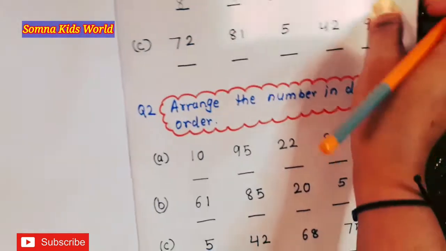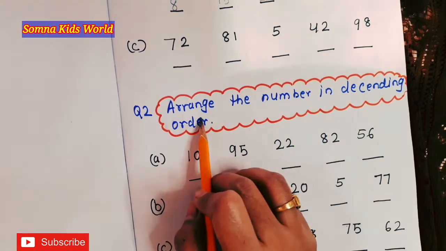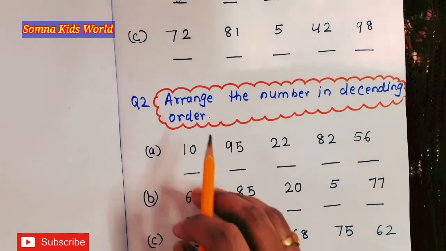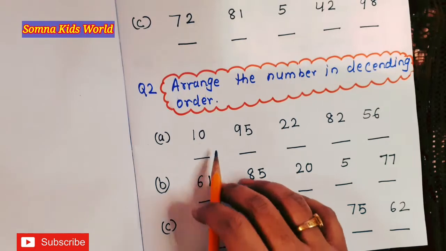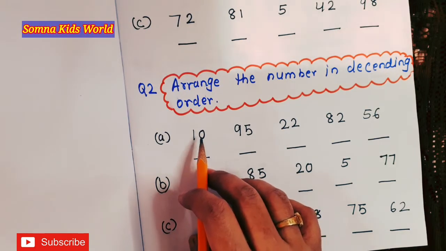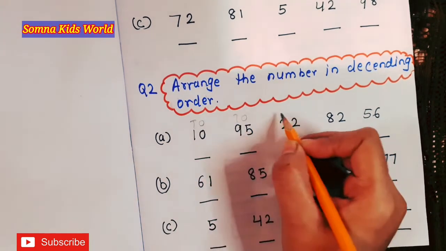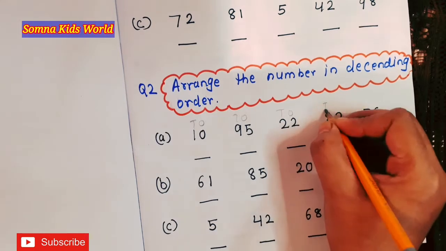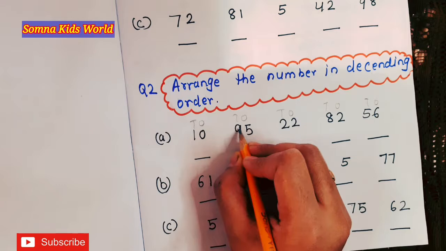Next question is, arrange the number in descending order. Descending order means from bigger number to smaller number. So here the kid needs to find out which is the bigger number. Here also they can write tens and ones in each digit and find out which is the greater one. They have to see the tens place.